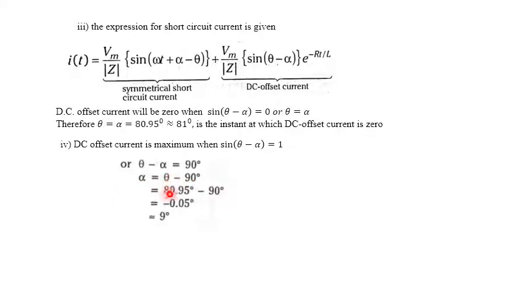The theta value we know is 80.95, so this gives 9.05, which we can consider approximately 9 degrees. So this is when the DC offset current is said to be maximum.